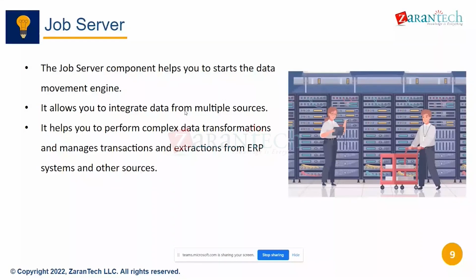If the credentials are not working fine, then it will send back some default message like general error, could not connect to the particular system. It will give the server information and some general information about that particular error. Those types of errors come from the job server, and they are printed in the error log in the management console. Or if you want to see it in the designer, you can see the same thing from the designer.